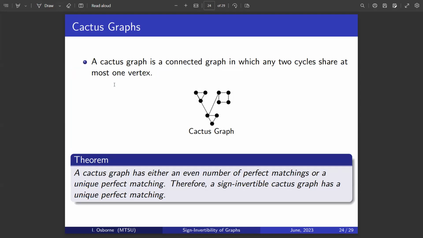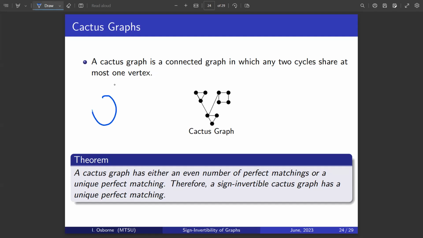Okay, and now the last case that we have looked at with sign-invertibility is what's known as the cactus graph. The formal definition of the cactus graph is a connected graph where any 2 cycles share at most one vertex. We have limited that just a little bit with our thing. We say that they can't share one vertex.